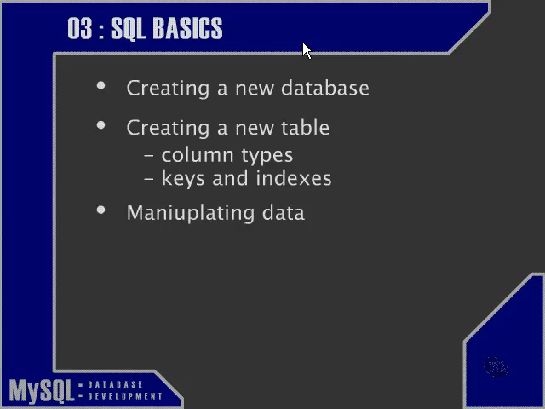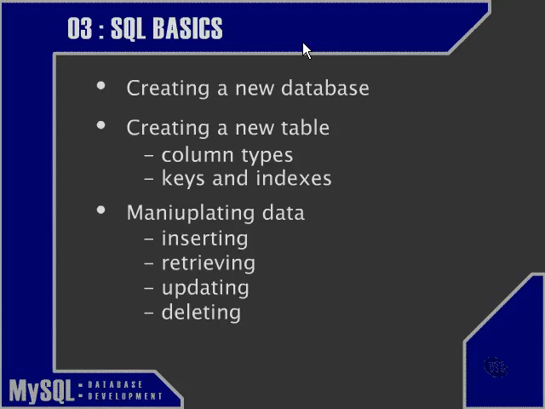We're also going to look at different ways to manipulate data. We're going to be inserting, retrieving, updating and deleting different elements of data within our database. And finally, we're going to alter the structure of one of the tables that we've created.